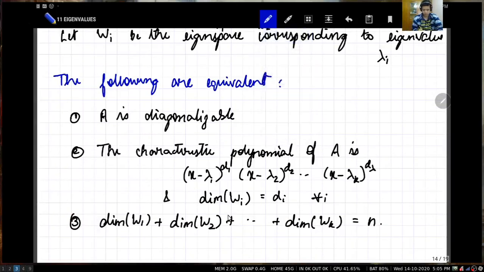The first is, of course, what we're interested in, which is that A is diagonalizable.